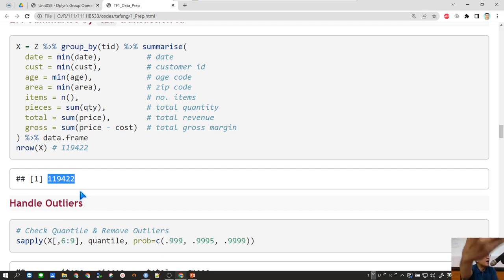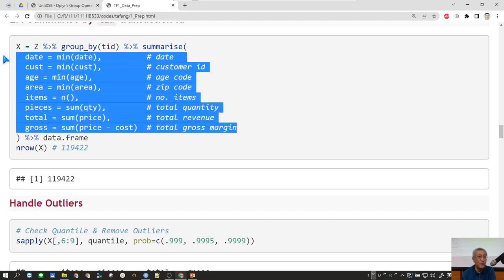So that 800,000 items are converted into 119,000 transactions. And this is actually a typical group by summary. In this summary, I take a lot of useful information within that transaction. You get the point?